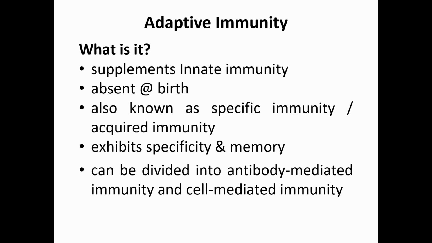Next, you have your adaptive immunity. Your adaptive immunity supplements innate immunity. It is generally absent at birth and also known as your specific immunity or acquired immunity. It exhibits specificity and memory, and it can be divided into antibody-mediated and cell-mediated immunity.